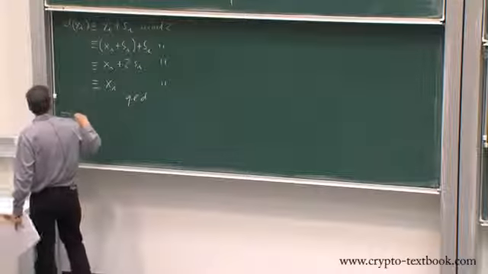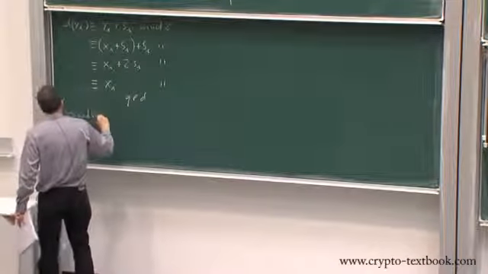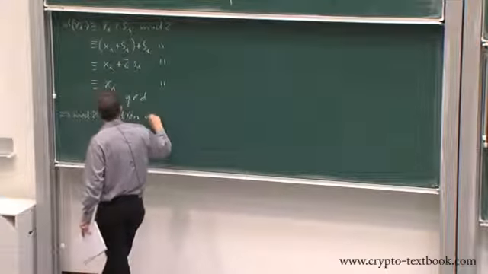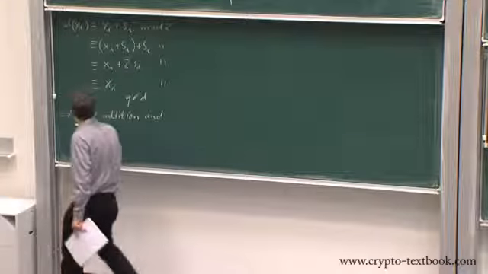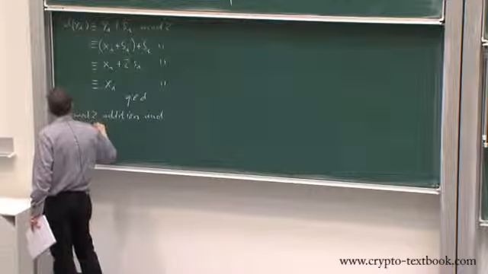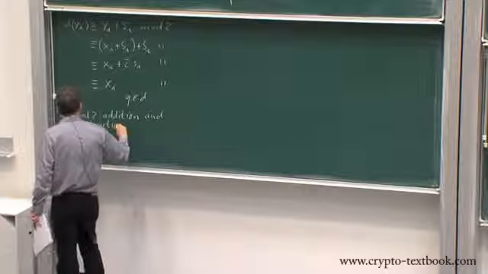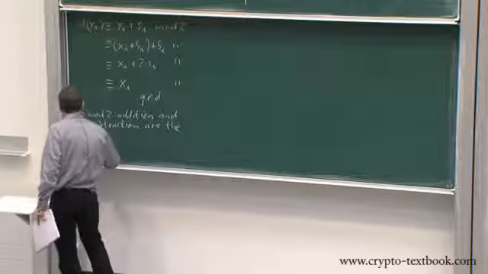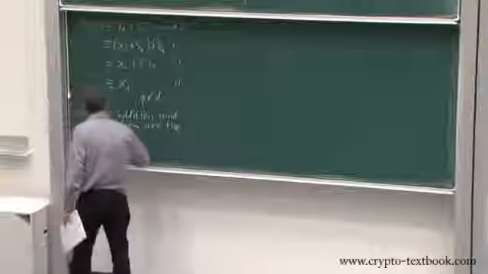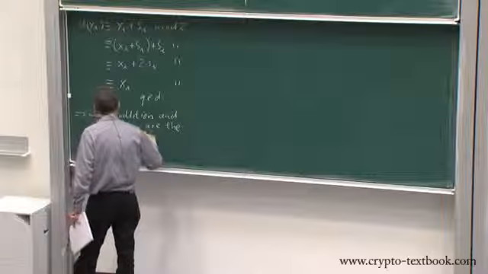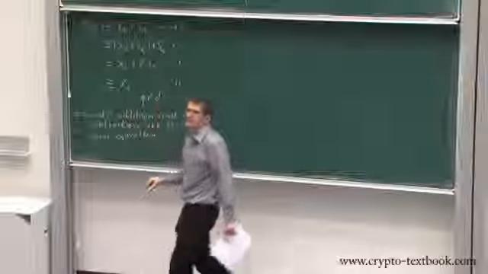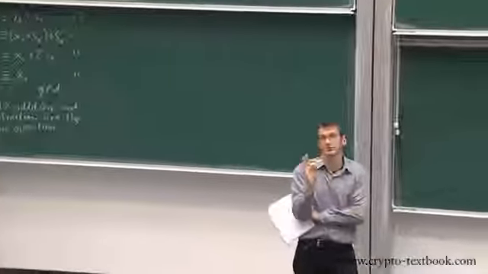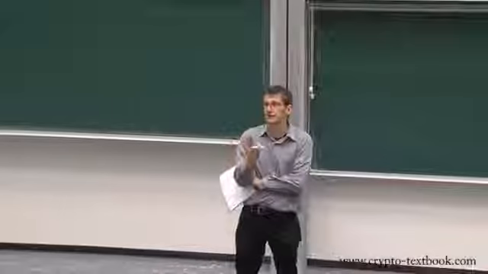So from this follows: mod 2 addition and subtraction are the same operation. It doesn't matter whether you add a value modulo 2 or subtract a value modulo 2. These are the same operations.